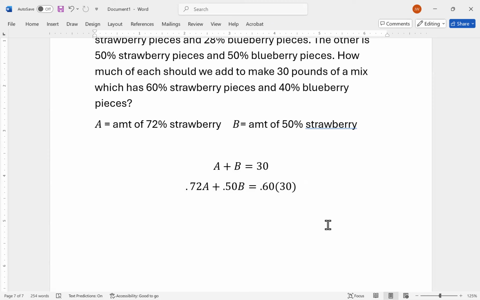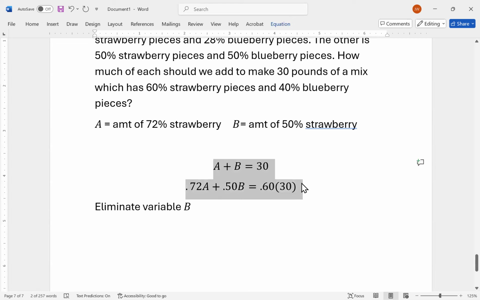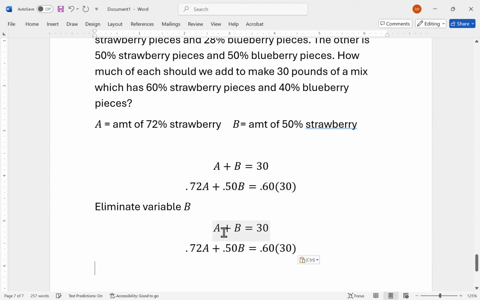So now let's eliminate the variable B in this case. You could eliminate A as well. But if I choose to eliminate variable B, I'll do it just like we did the previous problem. I would put 0.50 in front of the first equation.